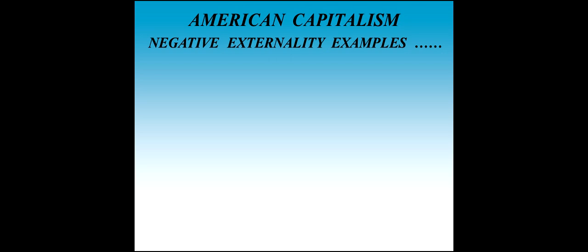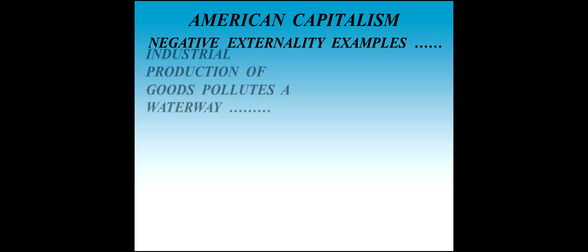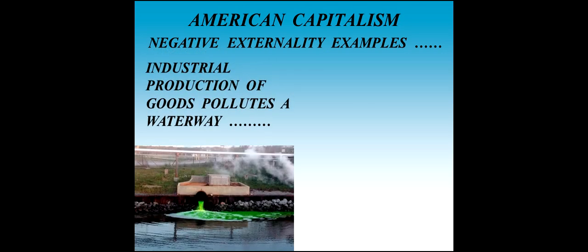I'm going to provide you with two examples of negative externalities. Let me start with the first one, which is actually a classic case. Let's say we have a company that produces plastics that are used in a wide variety of products sold to the public.